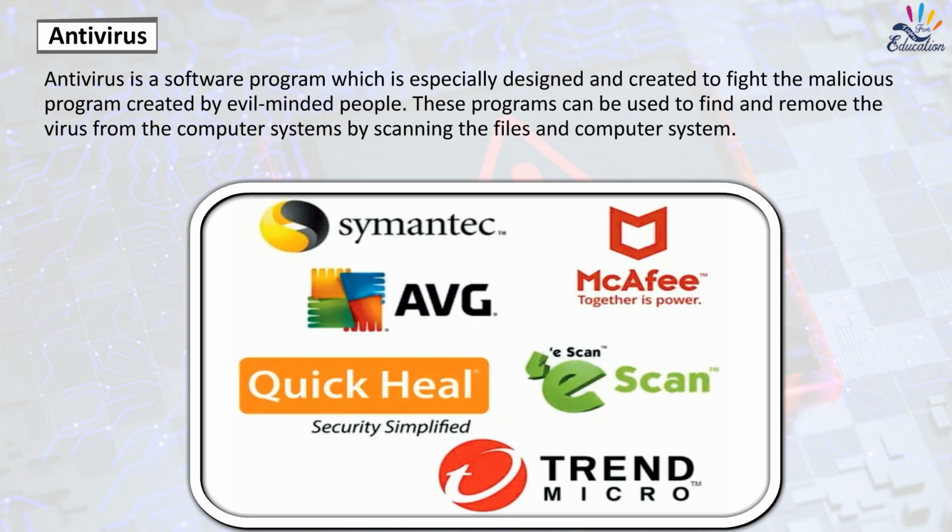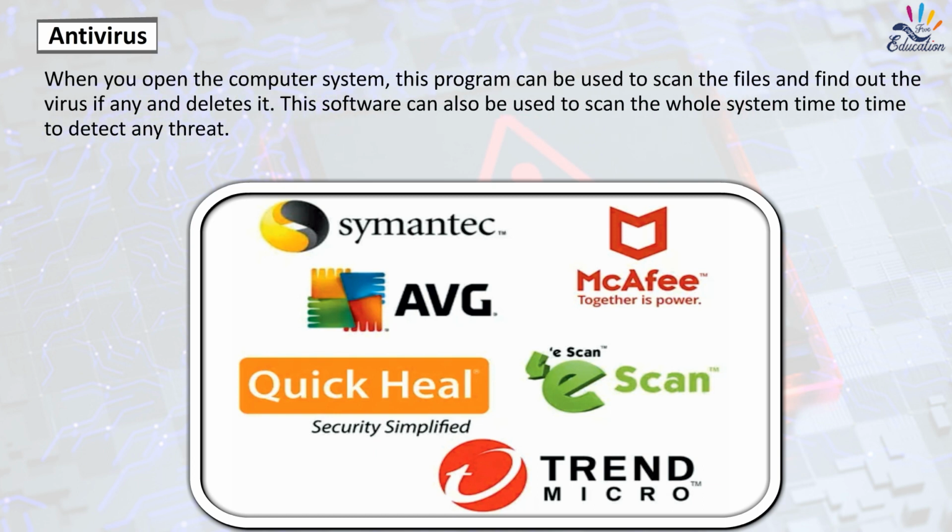Antivirus. Antivirus is a software program which is especially designed and created to fight the malicious programs created by evil-minded people. These programs can be used to find and remove viruses from computer systems by scanning the files and computer system. When you open the computer system, this program can be used to scan the files and find out the virus, if any, and delete it.